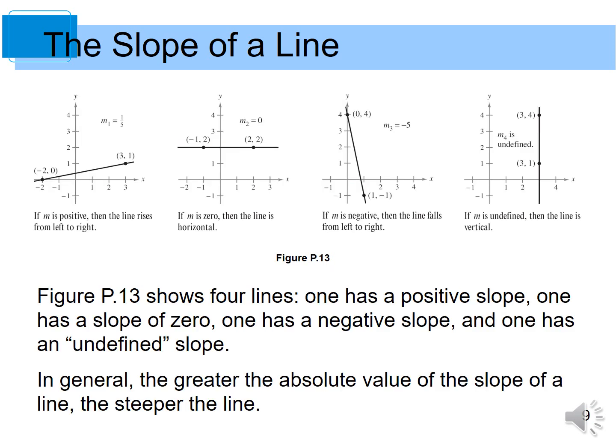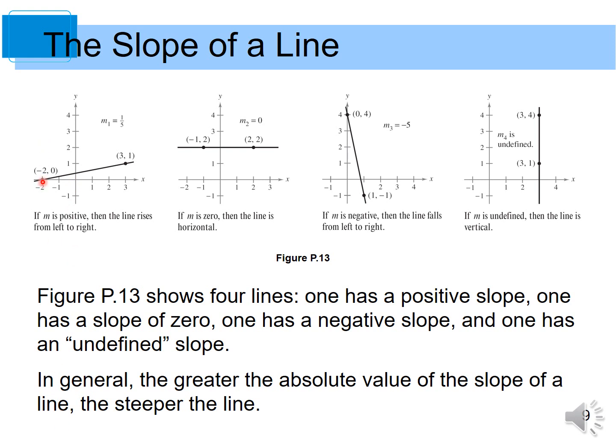This figure shows 4 lines. The first has a positive slope, and the second has zero slope. The third has negative slope, and the last one has undefined slope. Let's prove the first figure.